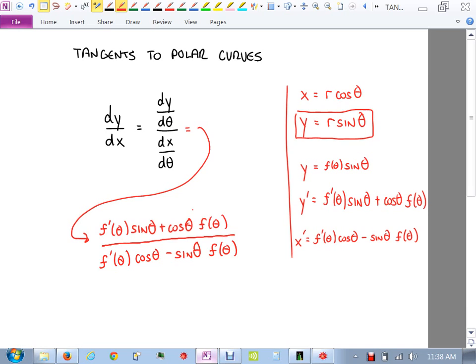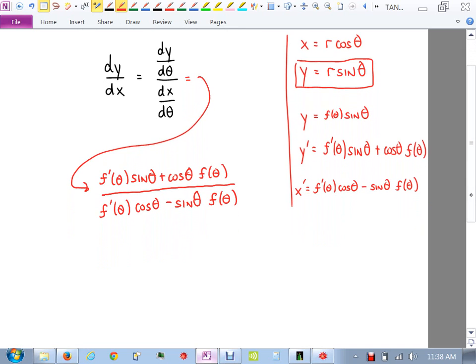Now the book does a slightly different formula from this. They don't use f prime theta. They just say r prime and r. So if you want, you can do that also. I'll put it underneath here. Or you could have r prime sine theta plus cosine theta r all over r prime cosine theta minus sine theta r.